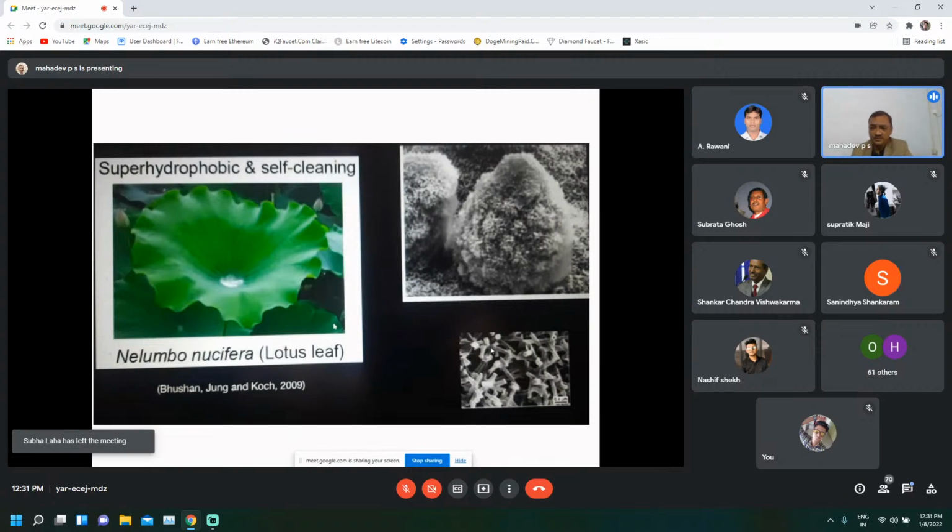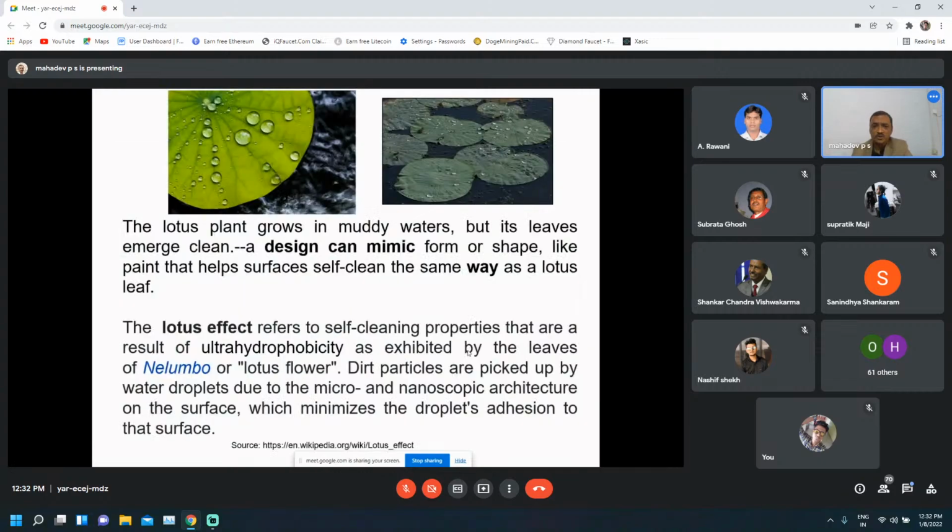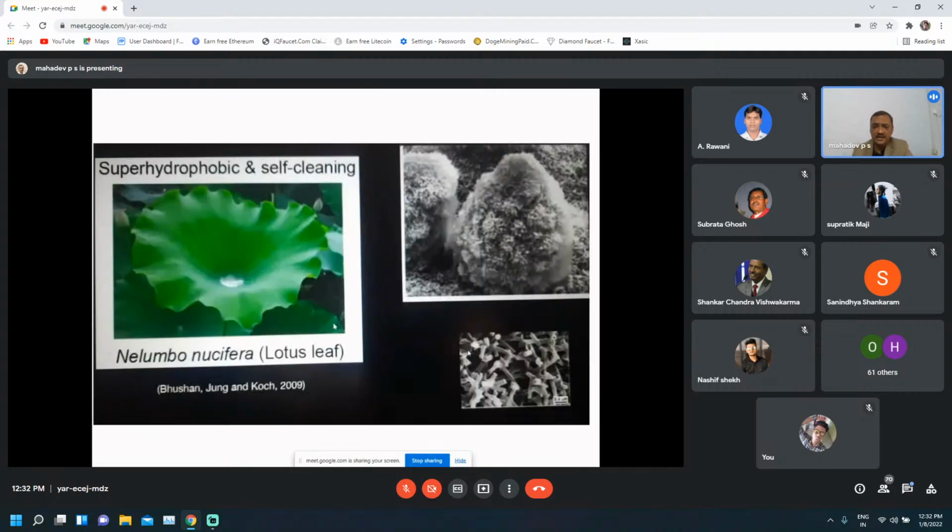Further, at higher magnification you can see the micro and nanoscopic architecture of this leaf, which will not absorb the water droplets.